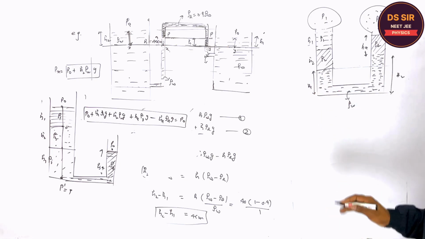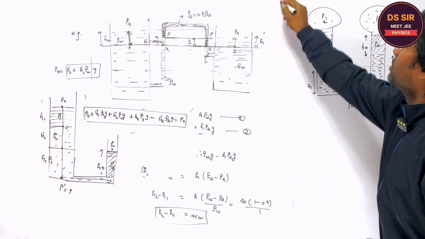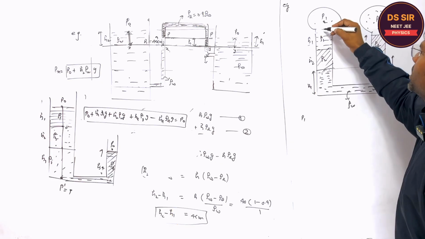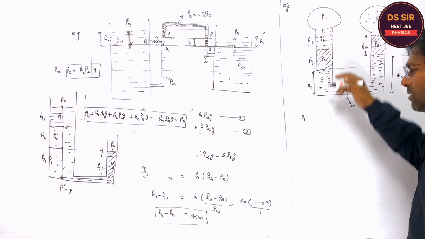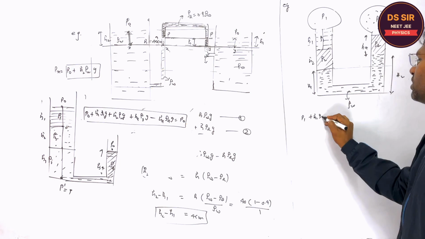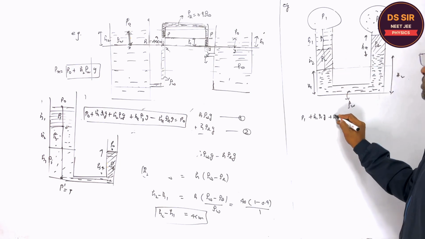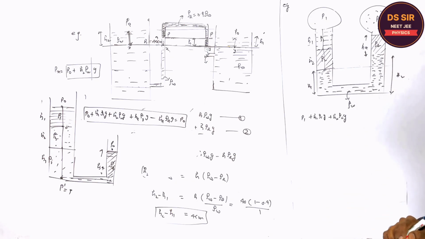So listen, one thing. I will start the manometric equation from this point. So this is P1. Yes, please tell me. P1 plus H1 rho 1 G plus H2 rho 2 G.